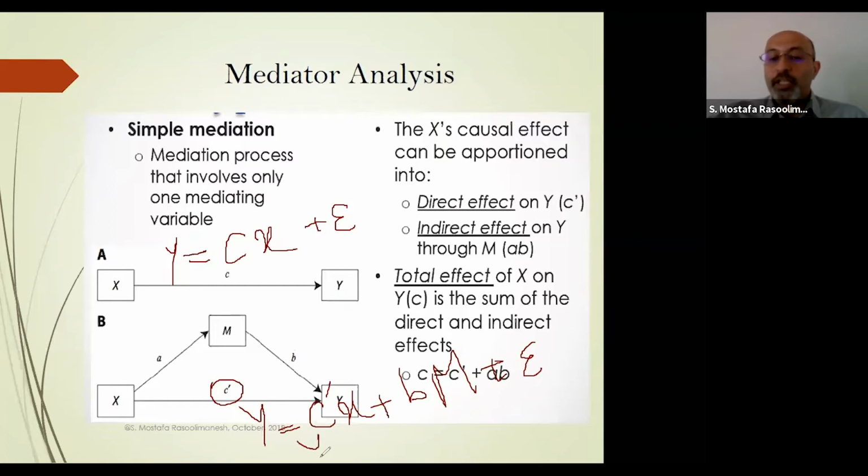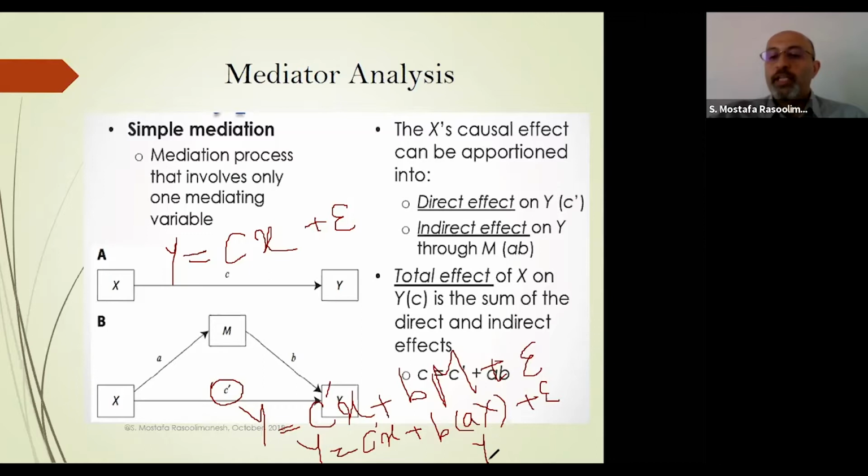So Y is C prime X plus B times AX plus error.